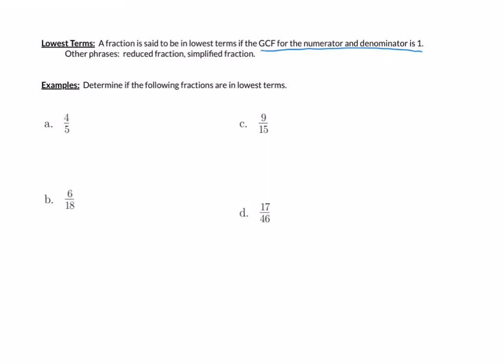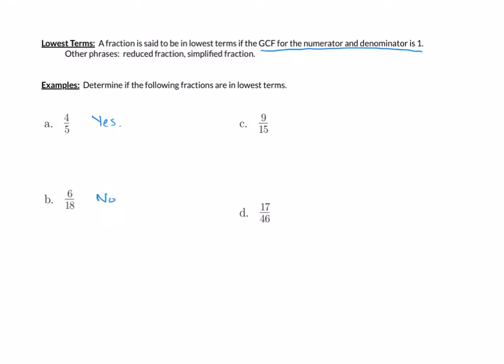So let's try some examples. A, 4/5. Is it in lowest terms? The answer is yes. The only number that divides into 4 and 5 is 1. Example B, 6 over 18. Is this in lowest terms?